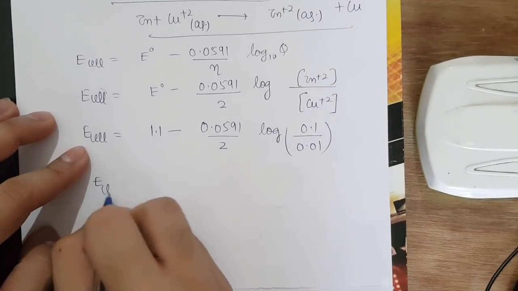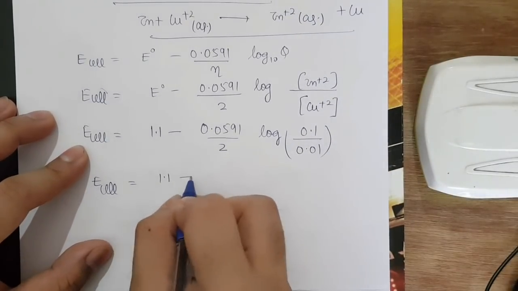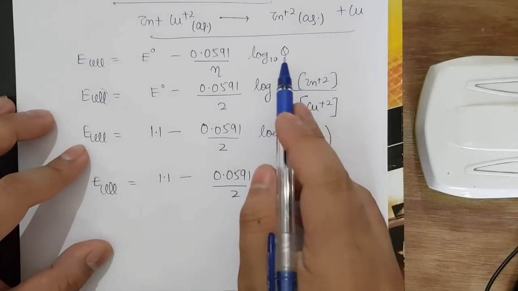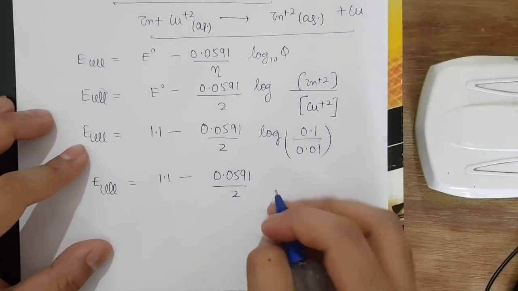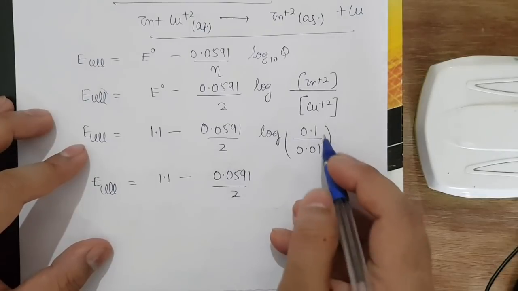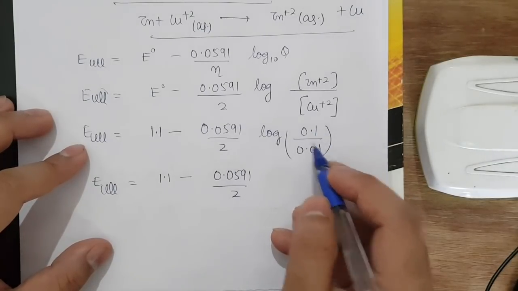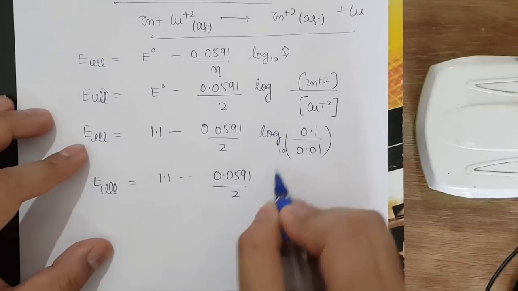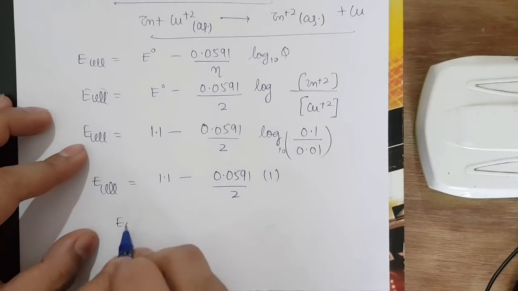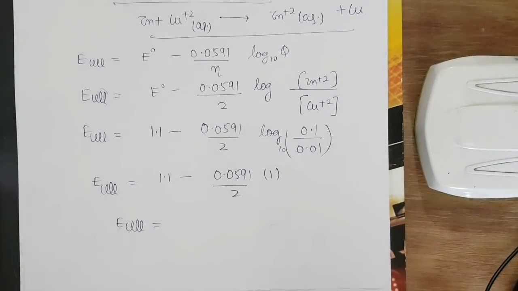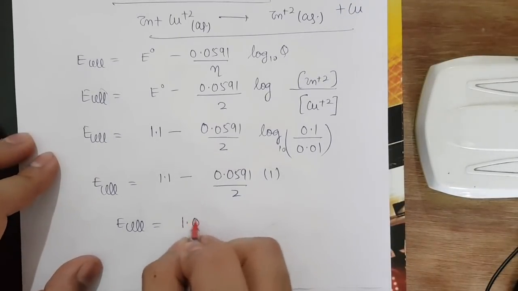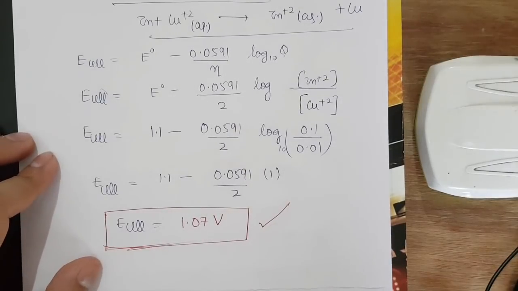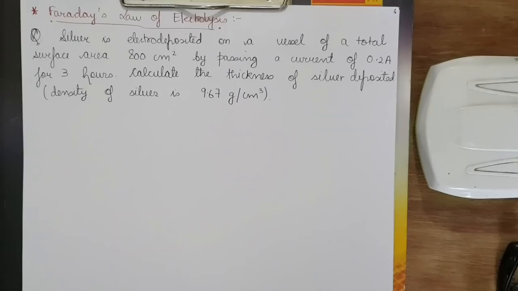So E cell is equal to 1.1 minus, see I'm calculating just for you, otherwise I could directly move from here to whatever step that is, into log of, now this thing becomes 10 raised to power minus 1 upon 10 raised to power minus 2. So that basically becomes 10. So log of 10 to the base 10 is equal to 1. So E cell finally comes out to be equal to 1.07 volts. So this is the correct answer for you. Okay, I hope that this question is clear.